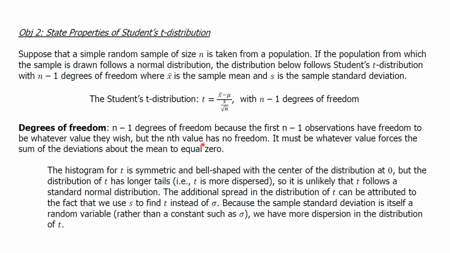The additional spread in the distribution of t can be attributed to the fact that we use s to find t instead of sigma. So because the sample standard deviation is itself a random variable rather than a constant such as sigma, we have more dispersion in the distribution of t.